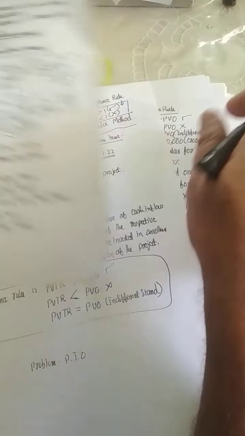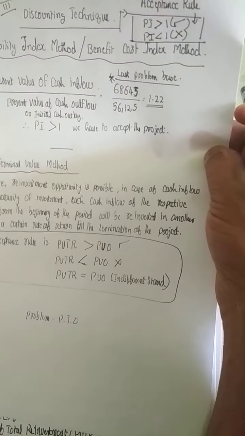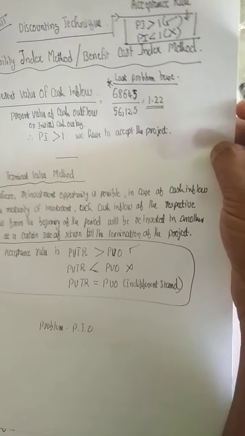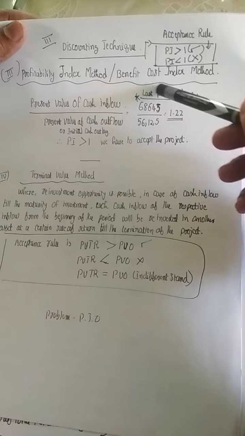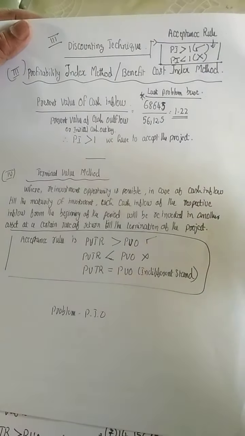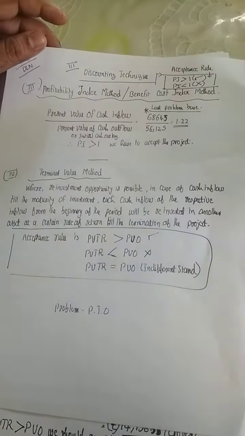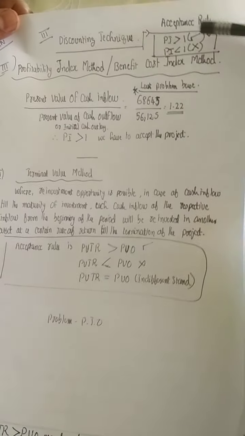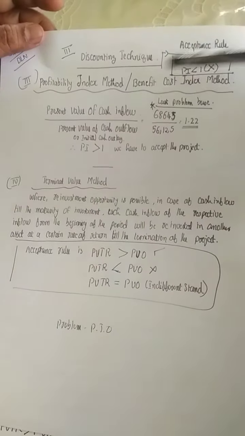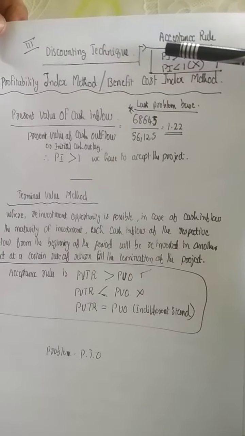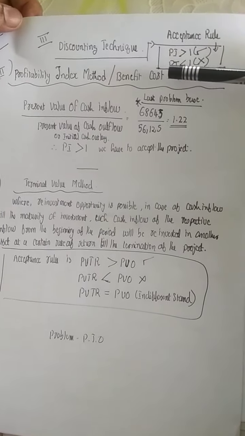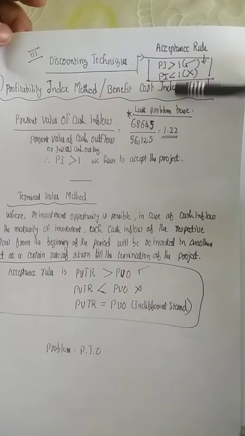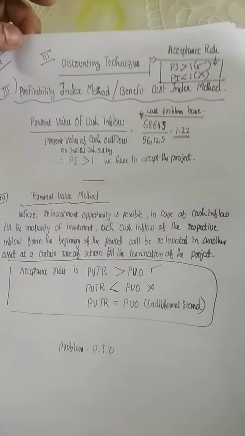So let us look into what is the profitability index method. The profitability index method, or benefit cost index method, is a discounting technique. It's very easy. The acceptance rule is like this: if the profitability index is greater than 1, you have to accept the project, and if it is less than 1, you have to reject the project.